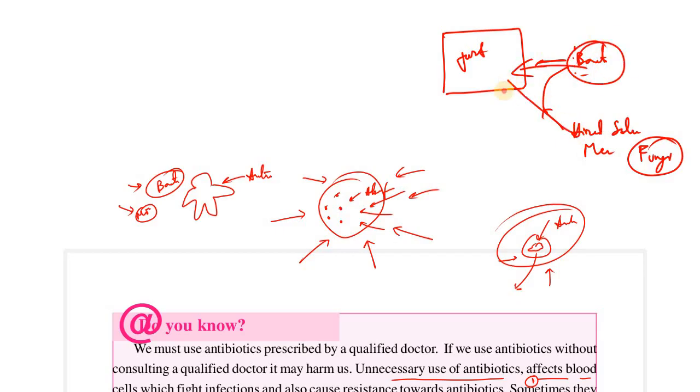So the hired mercenaries also have to enter our body, and the fight begins inside our body. And how do you know the fight is happening? You get fever, your body temperature rises. Why? Because the blood has to flow a lot. Blood has to flow in, taking these antibiotics to different sites where bacteria have invaded, and that's why, due to the high rate of flow of blood, your body temperature rises.